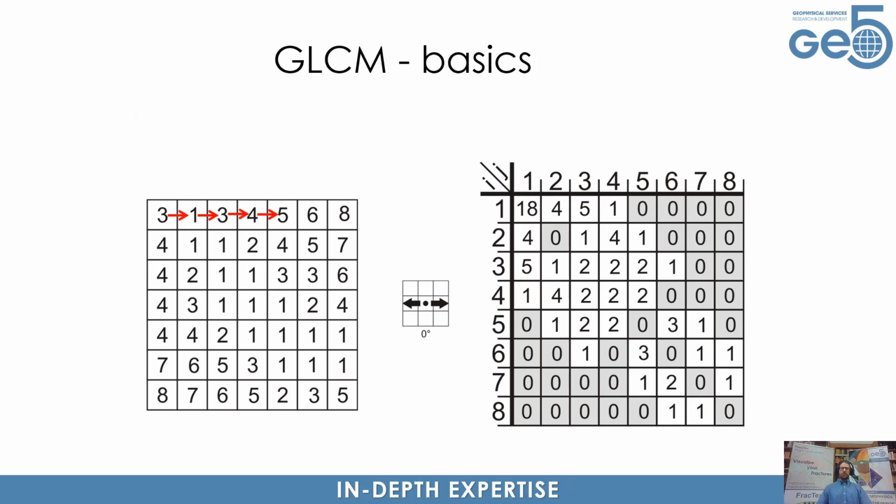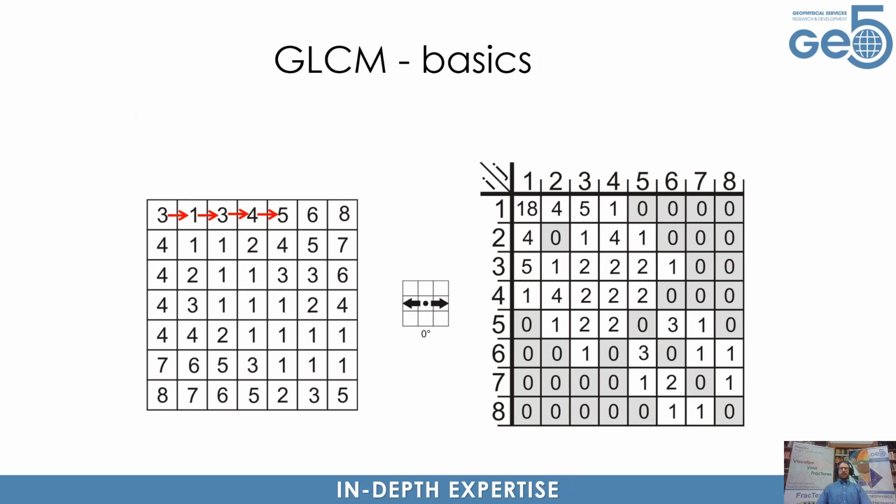So on the right side, you have now the final GLCM matrix with all co-occurrences. And in this case, we have the most often a 1 next to a 1, which is 18 times. And some of the co-occurrences don't happen at all in this image.